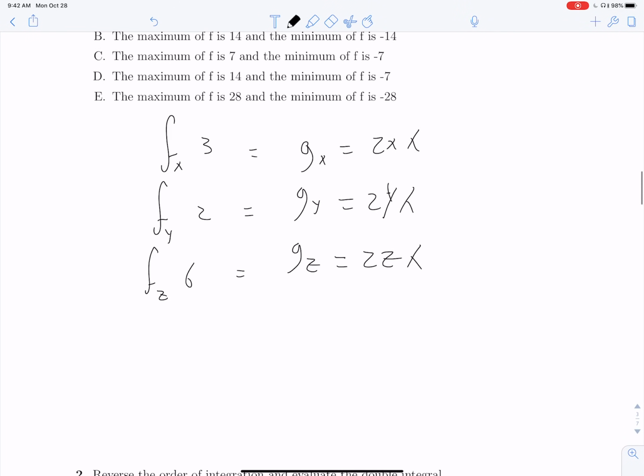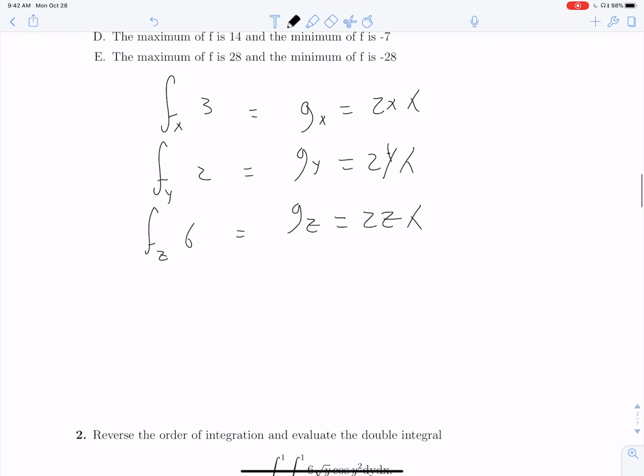And so now we can make relations with respect to lambda. So lambda is going to equal 3 over 2x, lambda is going to equal 1 over y, and lambda is going to equal 3 over z.